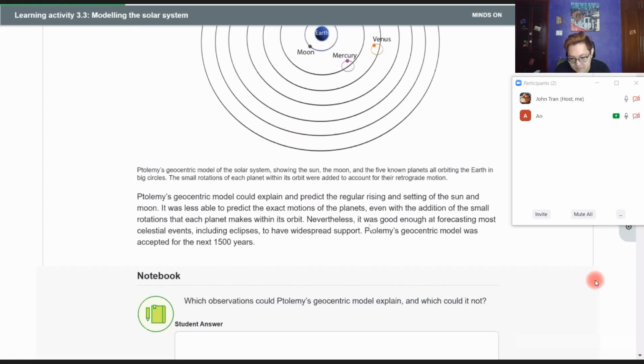Nevertheless, it was good enough at forecasting most celestial events, including eclipses, to have widespread support. The elementary geometric model was accepted for the next 1,500 years.